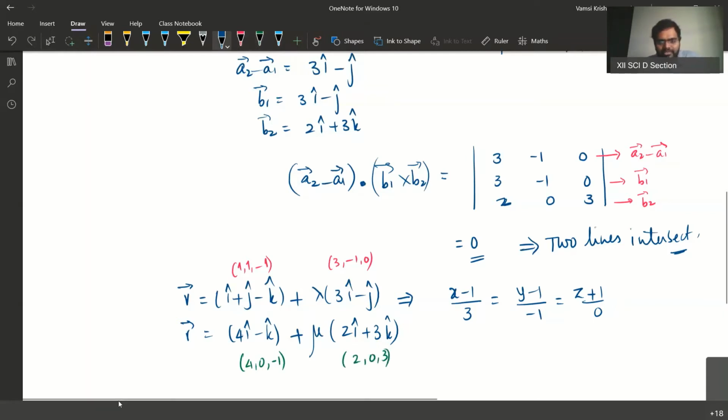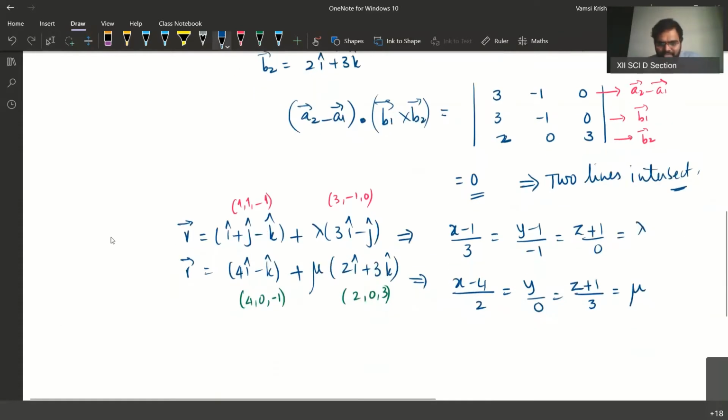So the second equation is (x minus 4)/2 = (y minus 0)/0 = (z plus 1)/3. So these are the two lines. Equate the first one to lambda, equate the second to another constant mu.